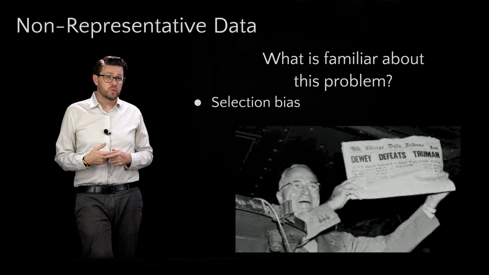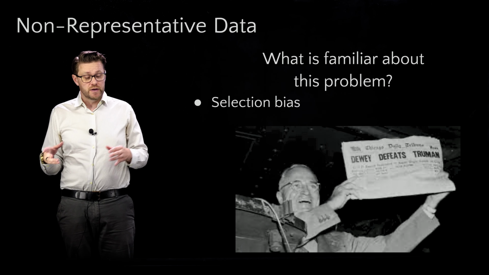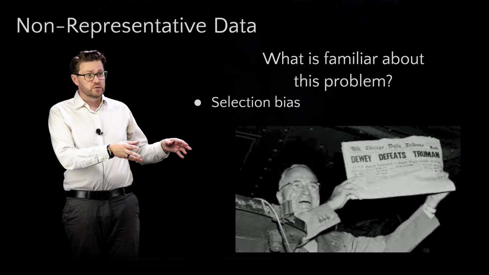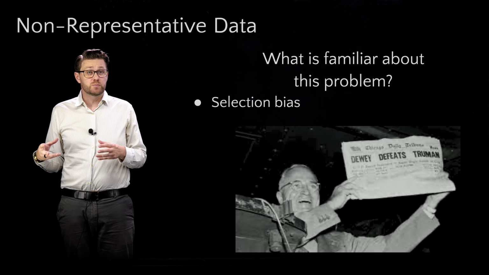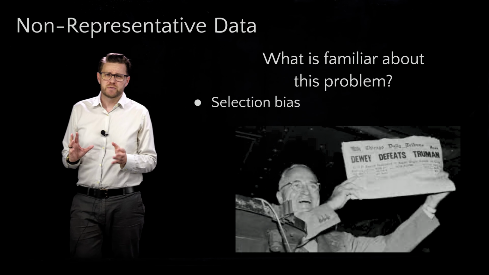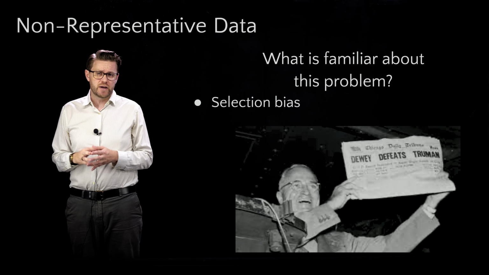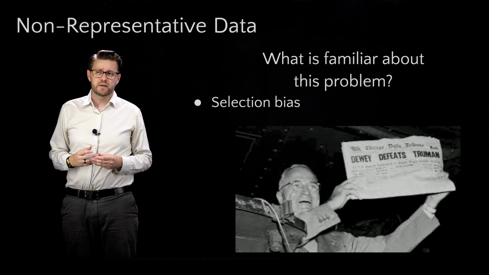So the problem was that the survey, it was a poll, and then you had the election, right? The election, Truman won. The poll, Dewey supporters were overrepresented in the poll, and I think the claim is something like, it was a phone survey and Dewey supporters had more access to phones or something like that.